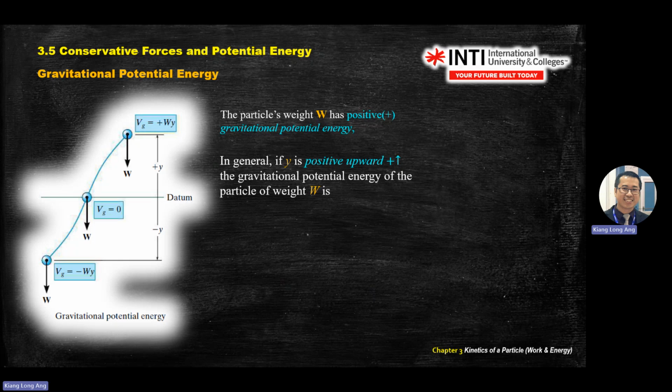If your object falls on the datum, what is the potential energy? 0. If the question purposely puts the datum on the object, your starting potential energy is 0. Don't just put in some value there. Then you don't understand what mgh is.